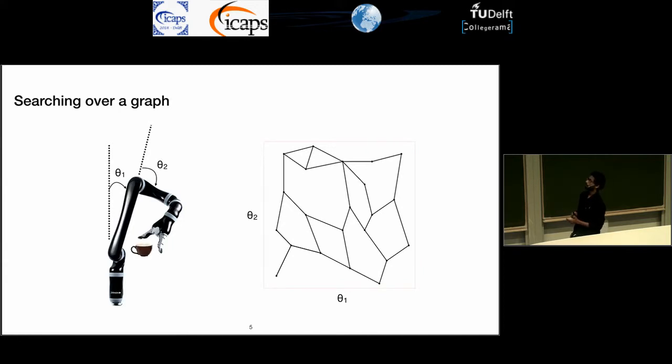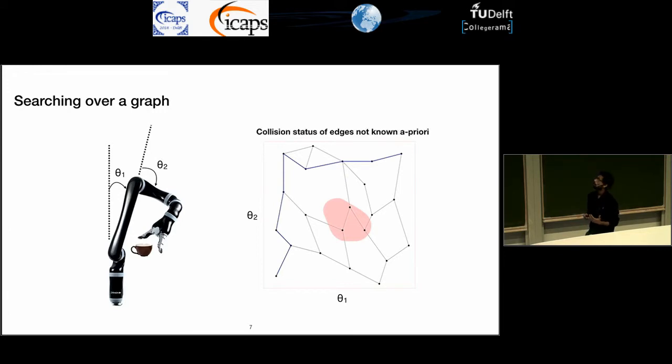So given this graph and given an environment like this cup, which translates to an oddly shaped obstacle in this space, we would like to find the optimal path. But note that since we are maintaining a graph and the environment is given to us, we do not a priori know which of these edges in the graph are collision-free.